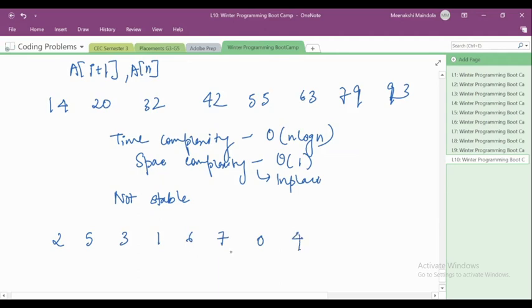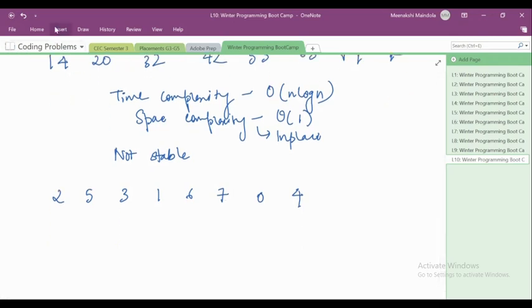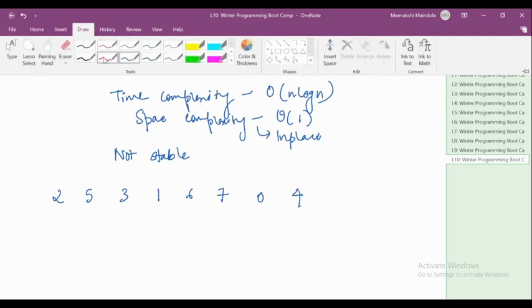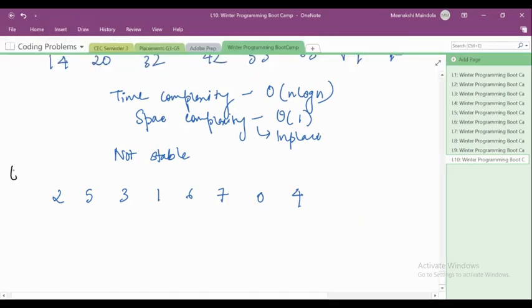Now I want you to dry run the quicksort algorithm on this, and then we are going to move ahead. So this is what you have. Now tell me how it is going to move forward.